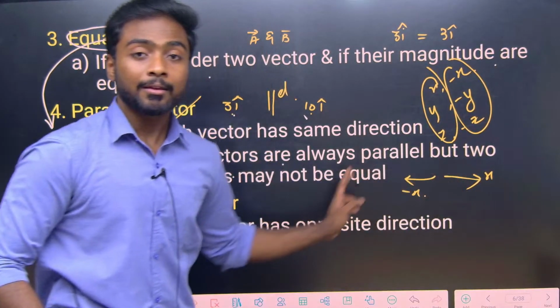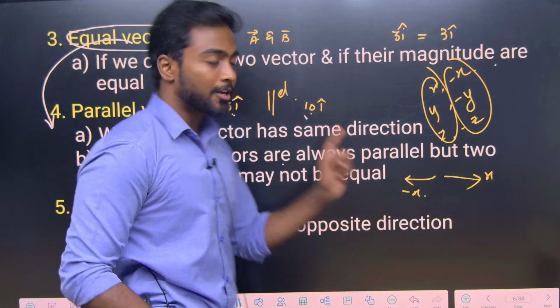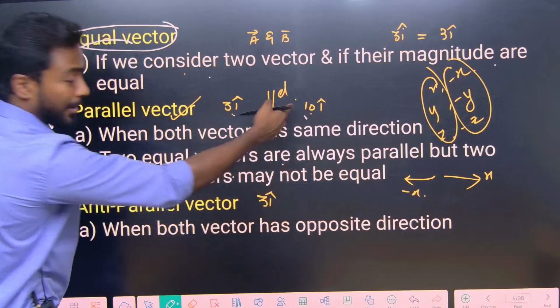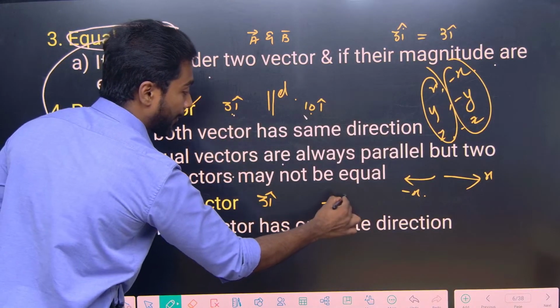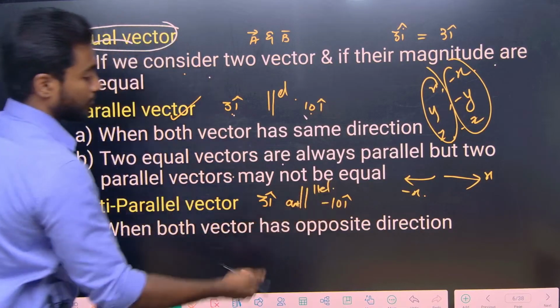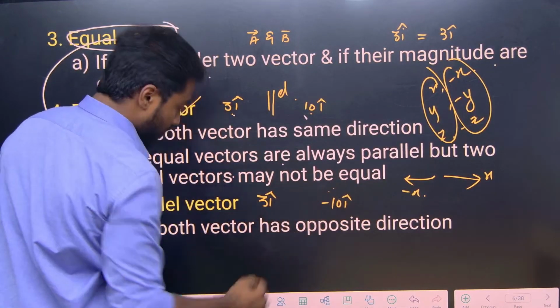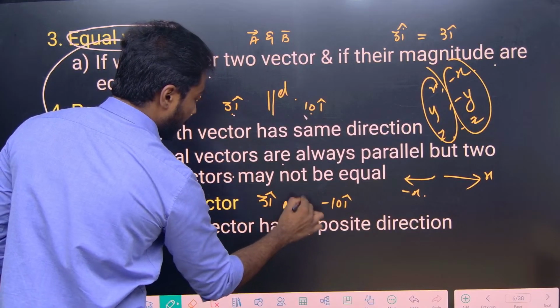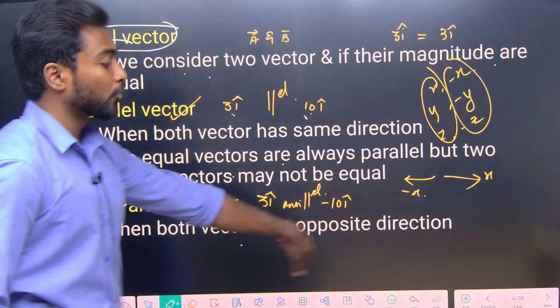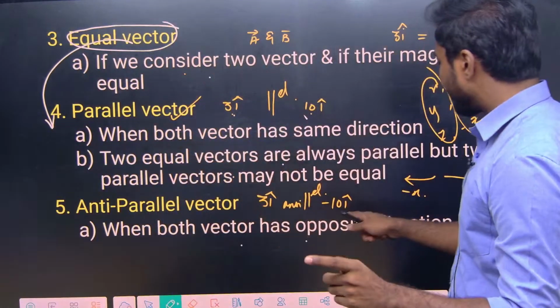Both are anti-parallel. For example, 3 i cap and minus 10 i cap are anti-parallel vectors, since both have opposite directions.